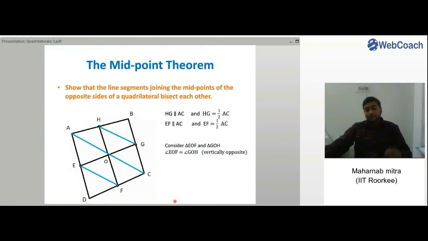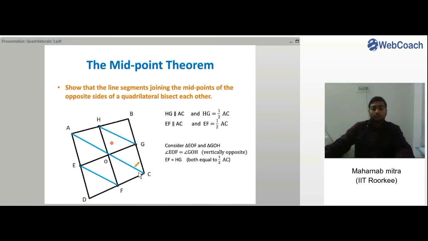So angle EOF, which is this one, and angle GOH, which is this one, both of them are equal as they are vertically opposite, right? These are vertically opposite angles. And EF equals HG, as I had told you, because both of them equal half of AC, or they are of the same length.